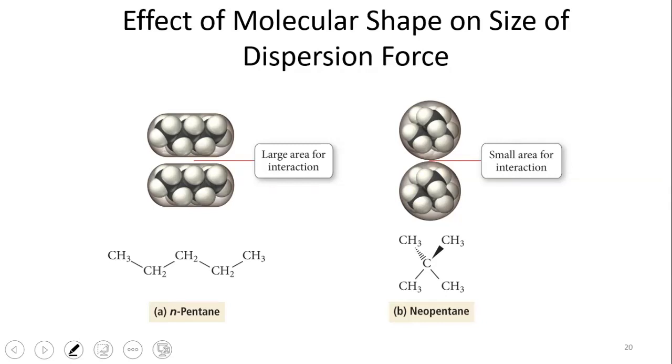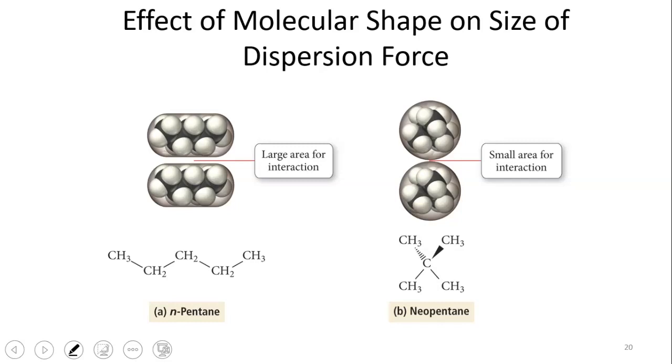So if we add up the electron clouds, you can see where the n-pentane looks more like a distended electron cloud, kind of like a little mini sausage, perhaps, on the left, whereas the neopentane electron cloud would approximate a spherical shape.